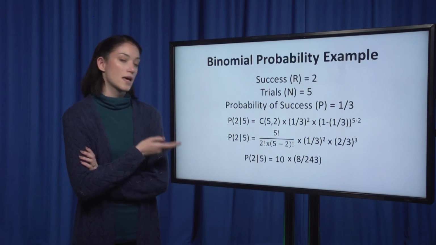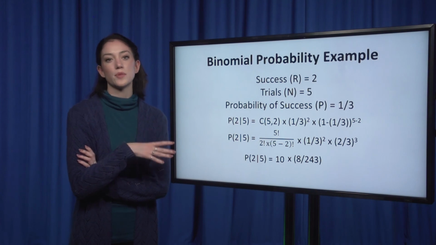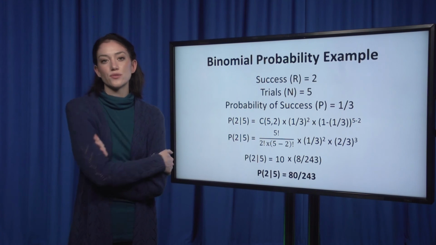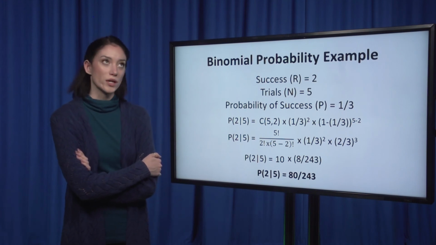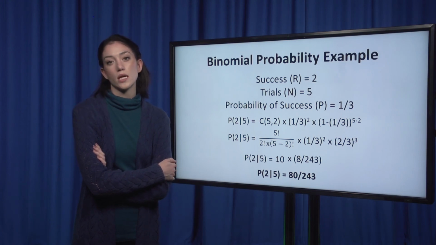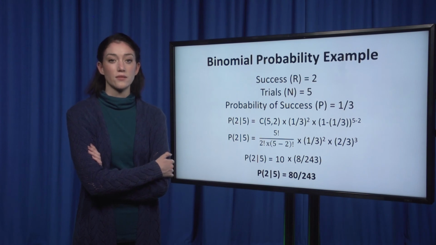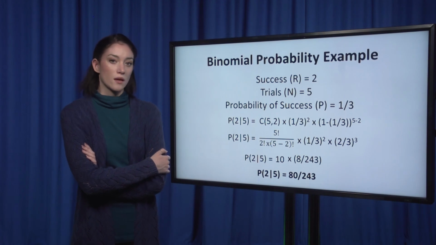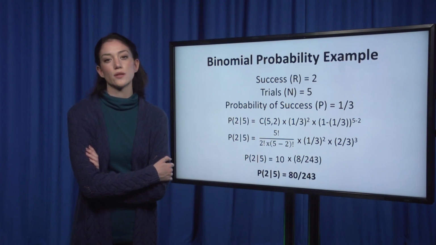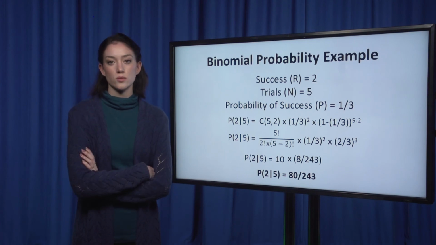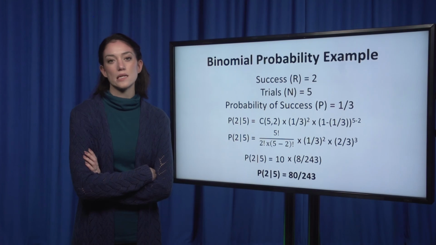We get 10 times 8 divided by 243, which equals 80 divided by 243, or about 0.33. This means you have about a 1/3 chance of rolling a die 5 times and getting 5 or 6 to come up exactly 2 times. Now you know how to determine the probability of R successes out of N trials when the probability of success is P.